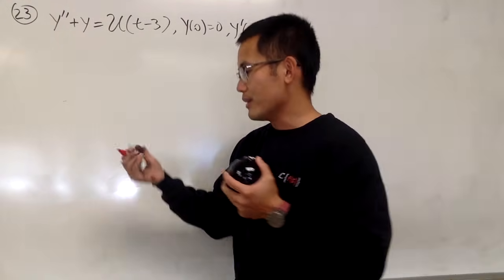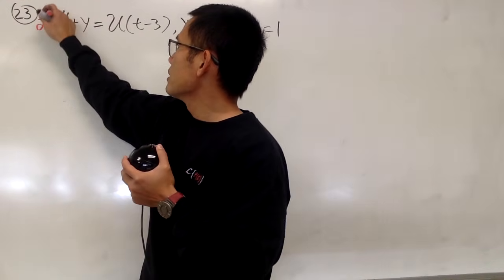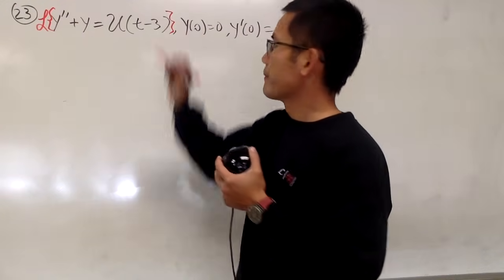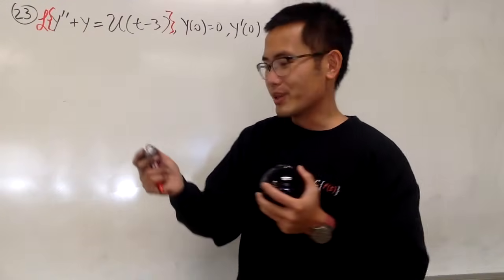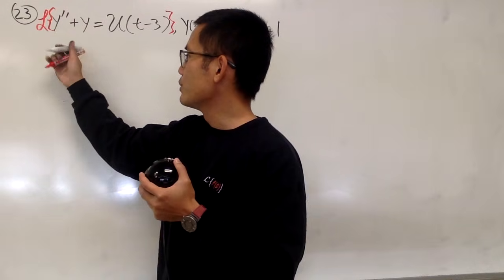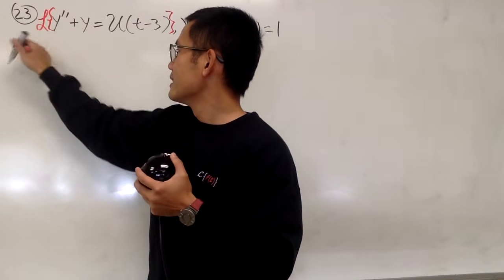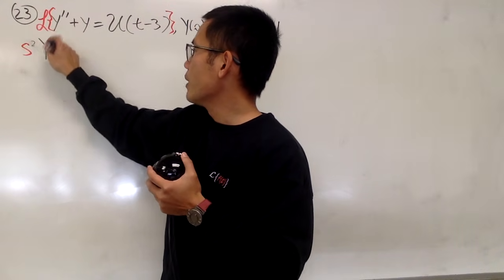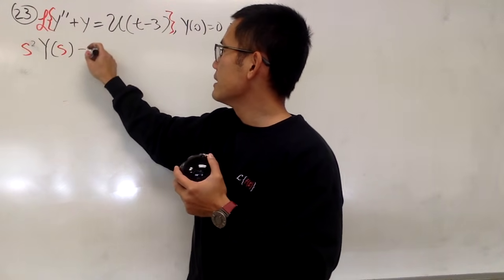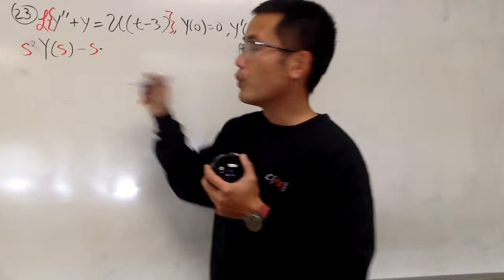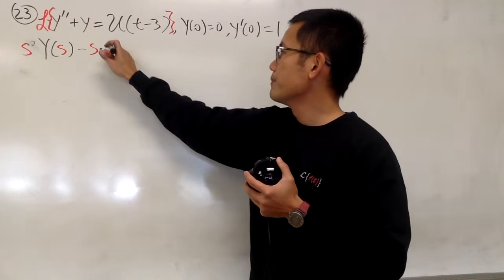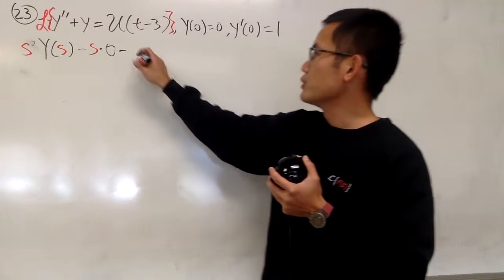Now, here is the deal. Original Laplace, of course. Let's get to work. We can write down s squared Y of s minus s times y of 0, which is 0, minus y prime of 0, which is 1.